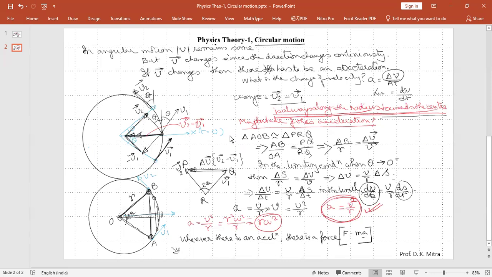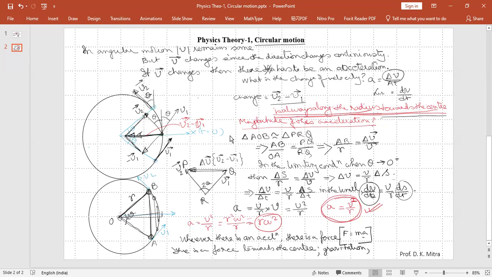So we write, there is a force towards the center. And who applies this force? In case of celestial motions like Earth and Sun, this may be gravitation. In electricity, it may be electric field.